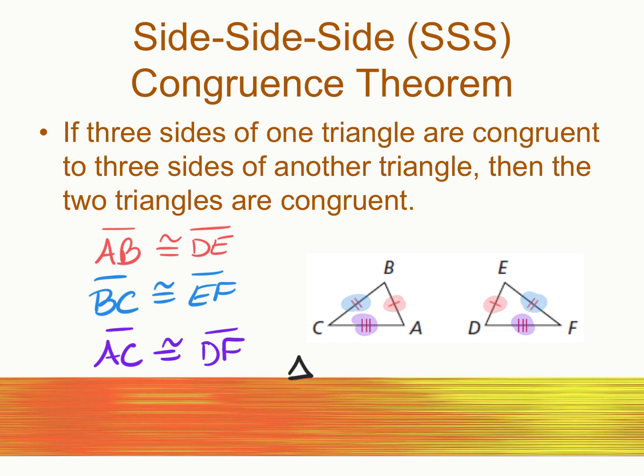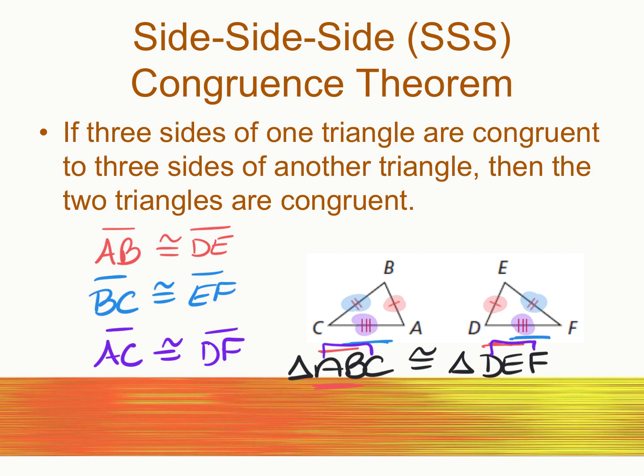I could state that triangle ABC is congruent to triangle DEF. Because if you notice, the first two letters, AB, match with the first two letters, DE, and then letters 2 and 3, BC, match with EF, same spot. And then lastly, the beginning and the end, AC and DF.